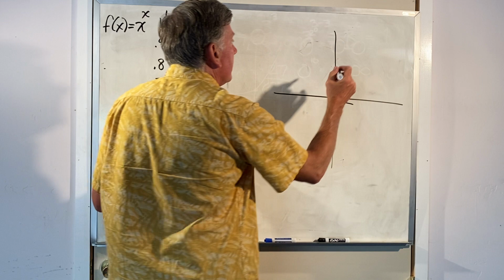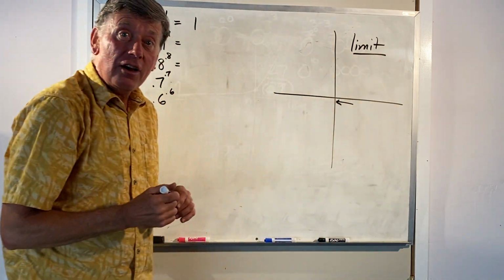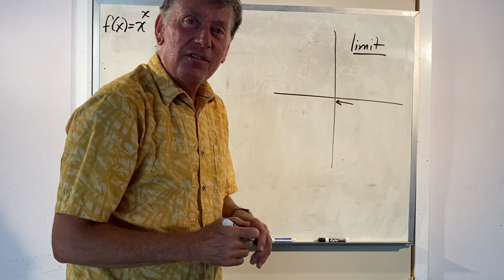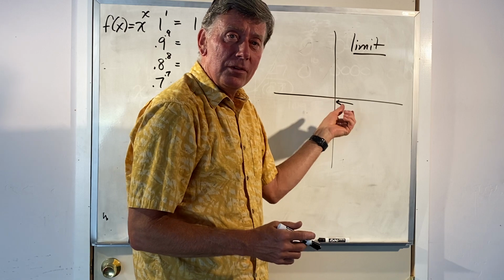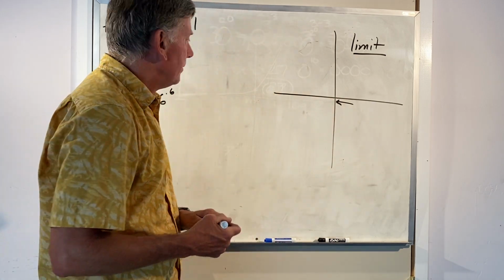This is called a limit. You're going to see this a lot in calculus. The concept of limit of infinitesimals as we get very close to some number is what calculus is all about.